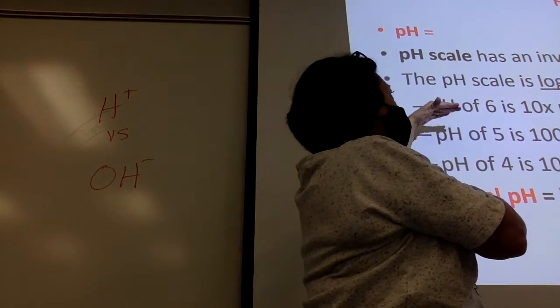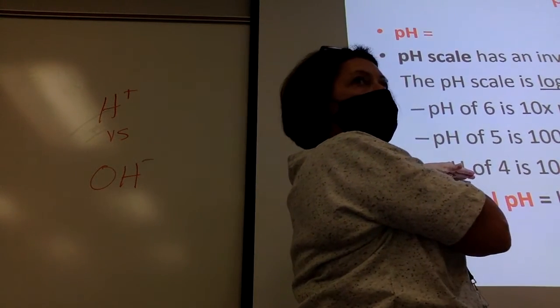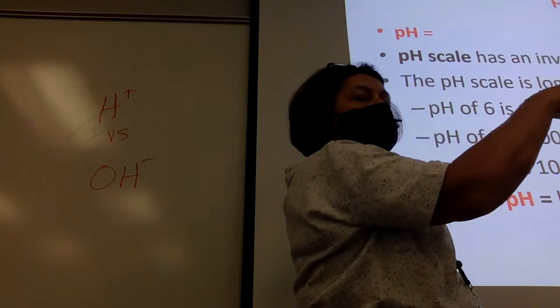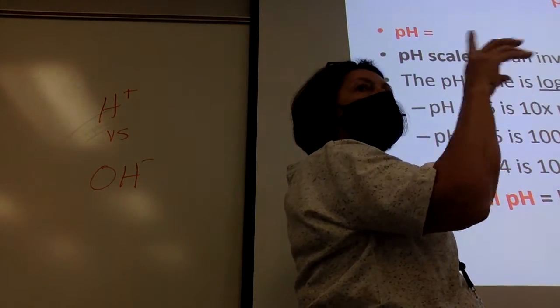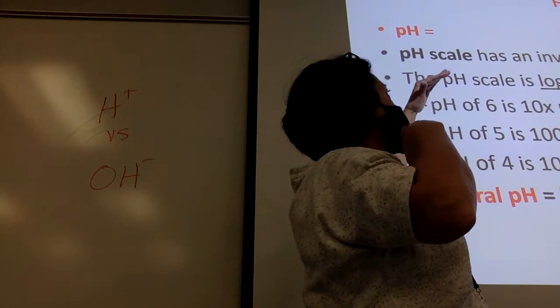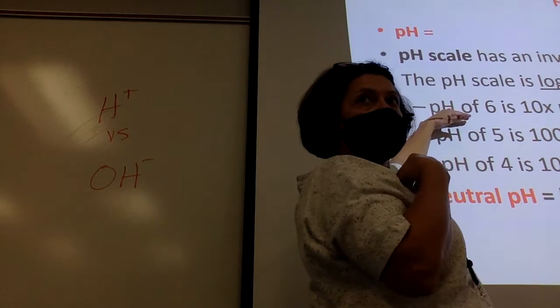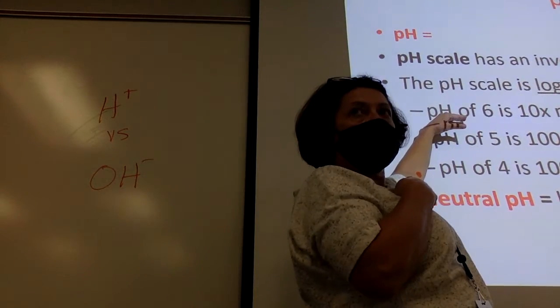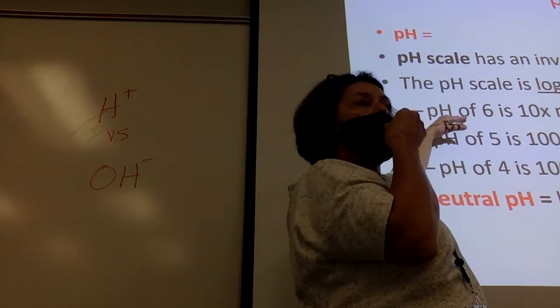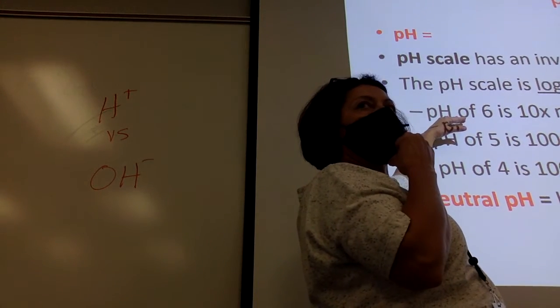So for each number of the pH scale, whether you're going down or up, it is a factor of 10 times. So what if we started at a pH of 6, and I wanted to know how much more acidic a pH of 3 would be?